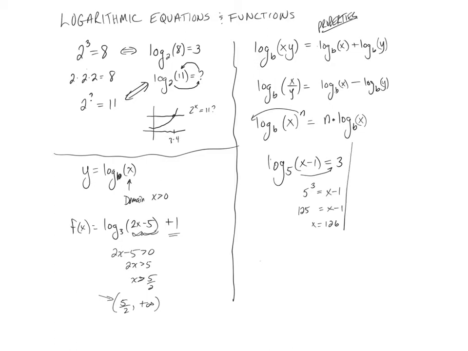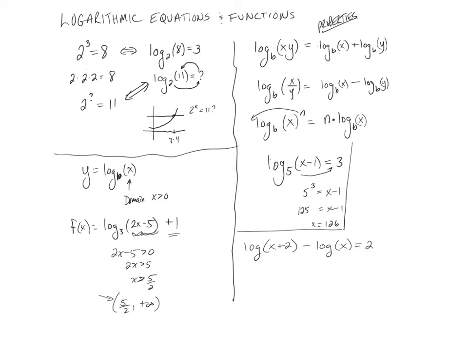Now, that gets a little more challenging if your log expression is not already isolated. So you could have something like the log of x plus 2, let's say minus log of x equals, let's say something like 2.